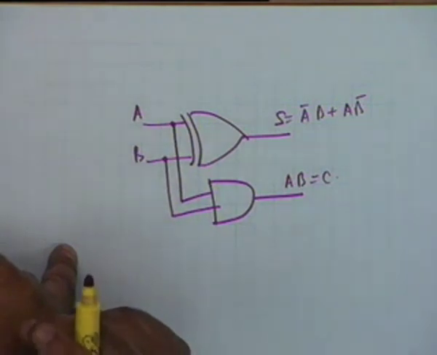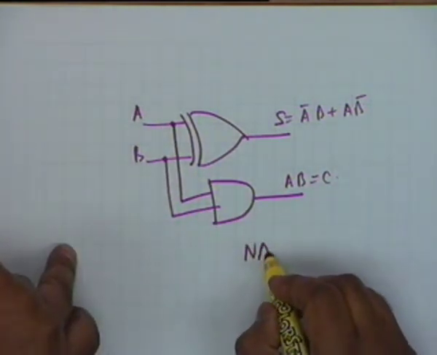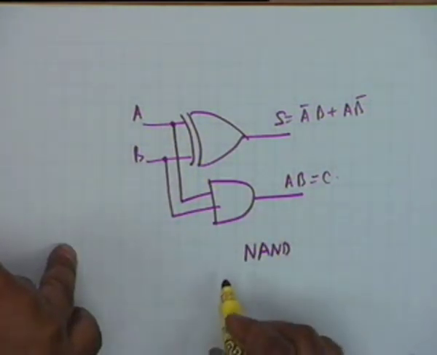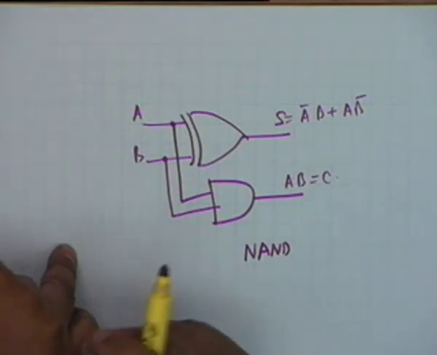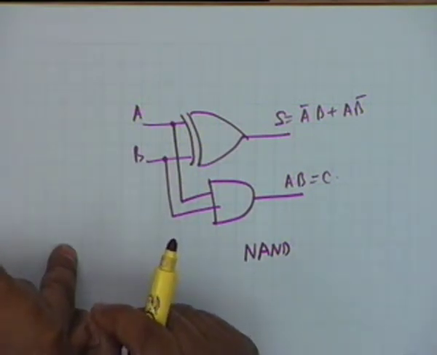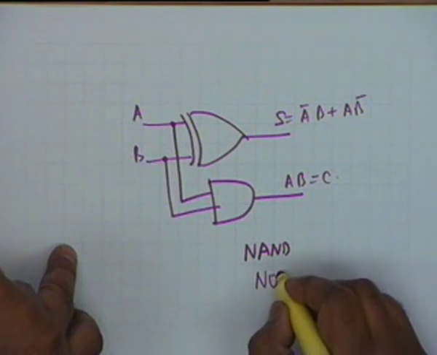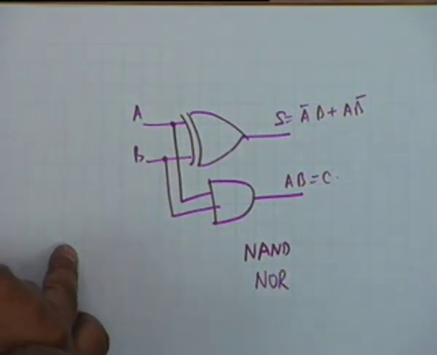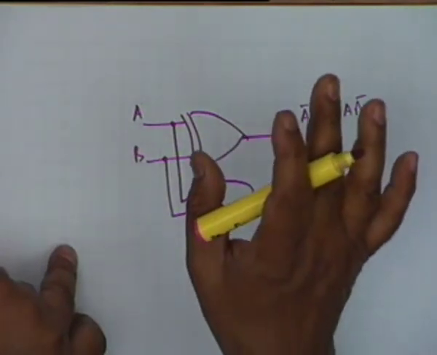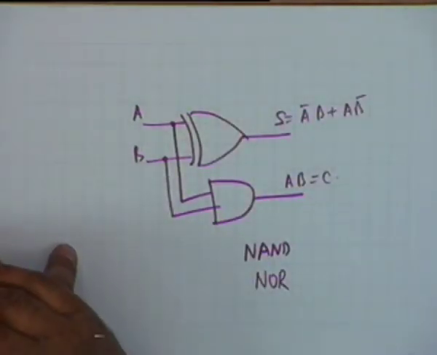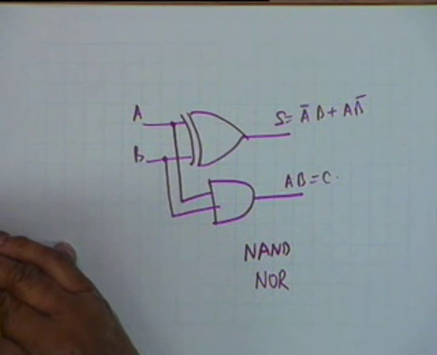Question: can a number of NAND gates be connected to make an exclusive OR? Yes. Can a number of NOR gates be connected to make exclusive OR? If we manufacture only exclusive OR, can we get all other gates? Why not?